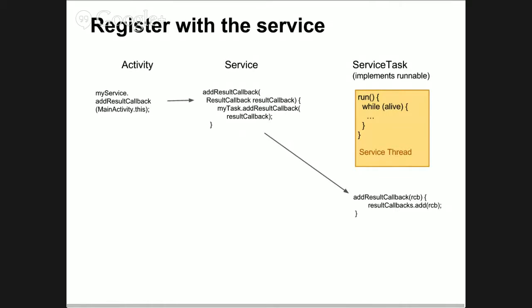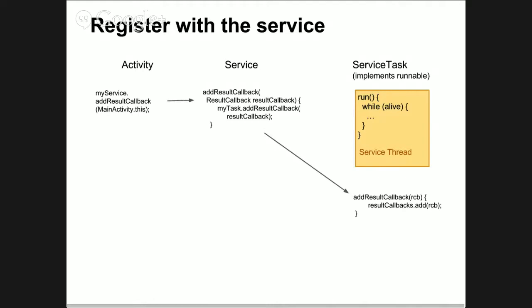The problem is that the activity has a reference to the service, but the service does not really have any reference to the activity. In fact, often the service is not particularly told who is binding to it.